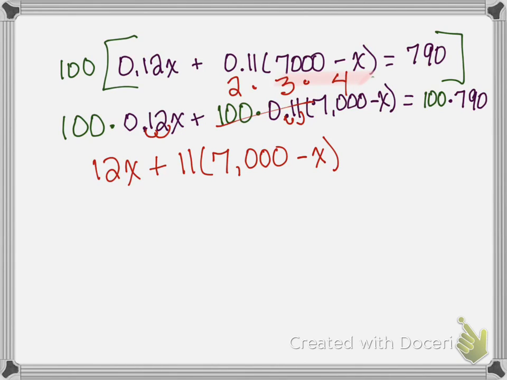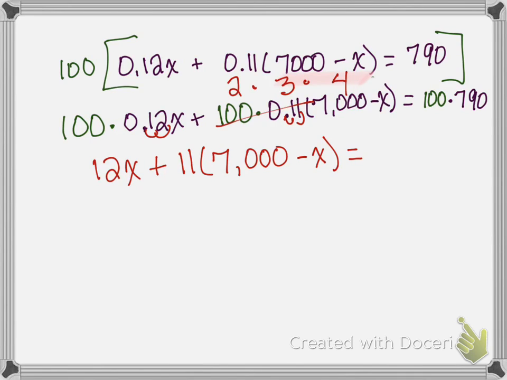You do not take that 100 into your parentheses, because you have multiplied that 100 times that 1100ths and gotten 11. So when you distribute that 11 across the parentheses, you have addressed that 100. Now what students want to do is they want to keep that 100 around. But remember, when we multiplied 2 times 3 and got 6, we didn't deal with the 2 or the 3 again, because we had addressed it and we had already multiplied those things. This is going to take practice, this type of problem right here.